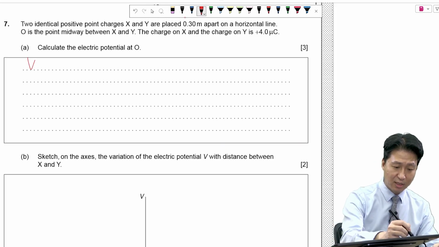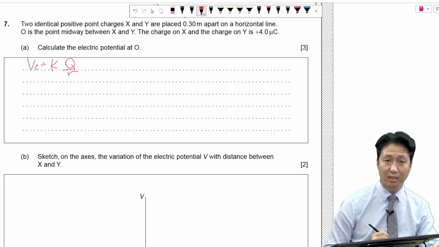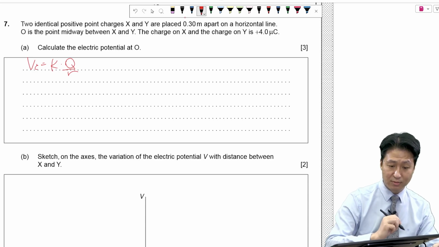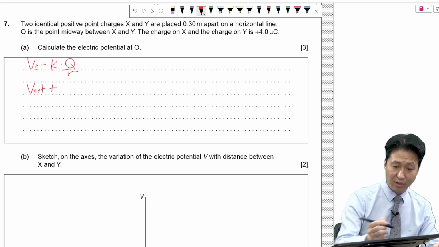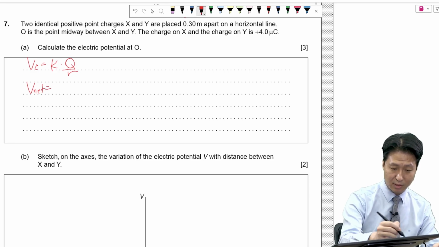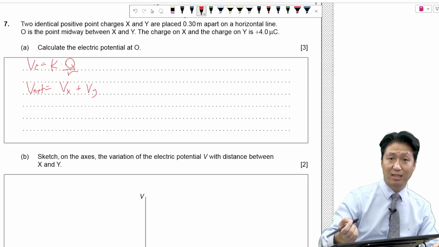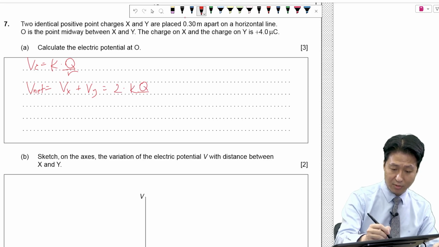So, electric potential is the Coulomb constant times the charge over the distance. Now, the net potential is just the sum of the individual potentials. So, potential due to x plus the potential due to y, which are basically the same because it's the same distance and same charge. So it's 2 times kq over r.